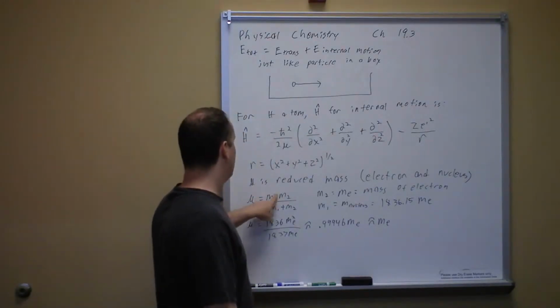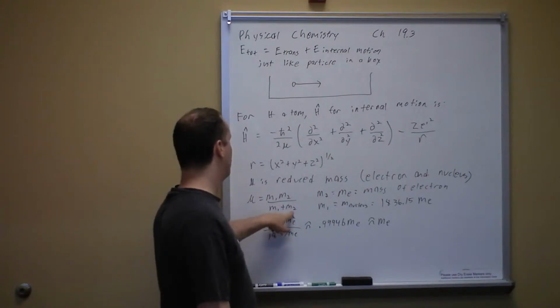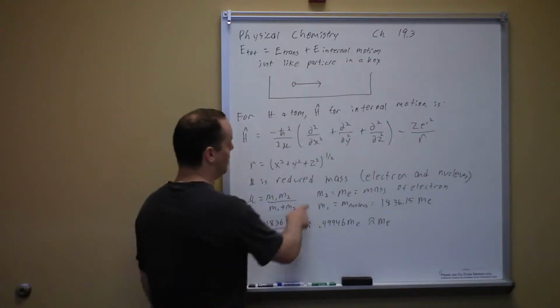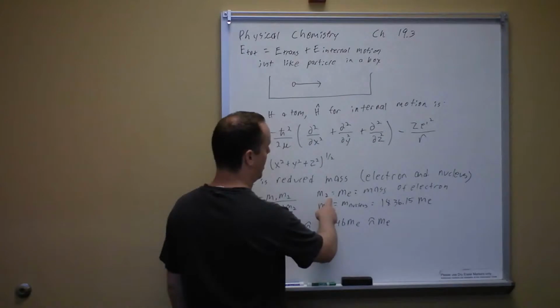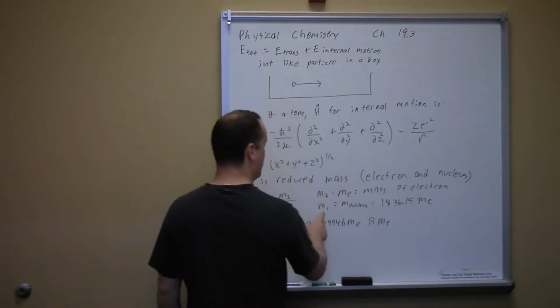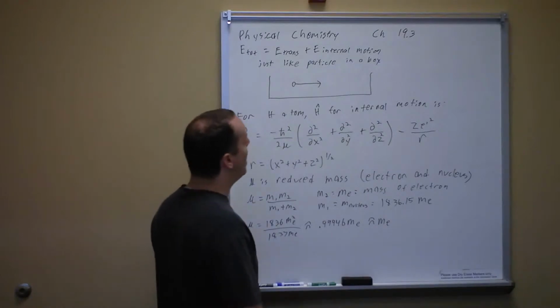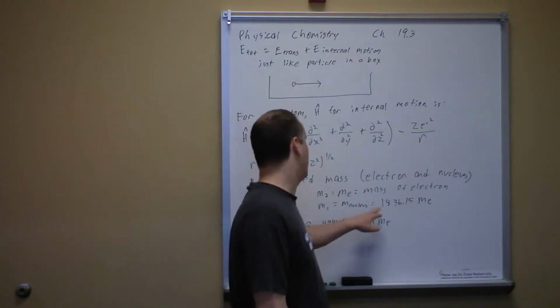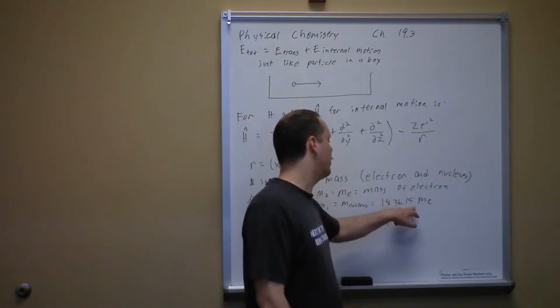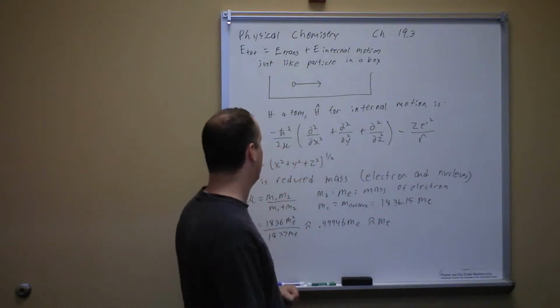So mu is equal to mass 1 times mass 2 over mass 1 plus mass 2. Now it doesn't matter which is which, so we arbitrarily say mass 2 is the mass of the electron, and mass 1 would be the mass of the nucleus. Now remember, a proton weighs a lot more than an electron. It weighs about 1,836.15 times as much as an electron.